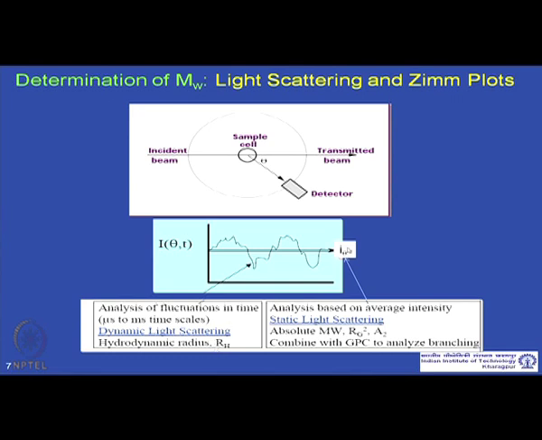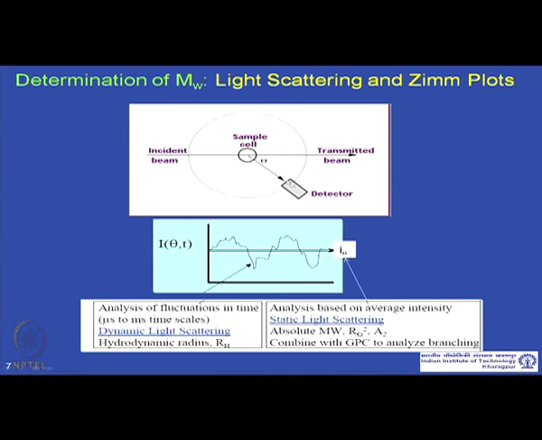And the time average intensity, which we will use in the technique called static light scattering, will give information about the absolute molecular weight, the weight average molecular weight, the radius of gyration, and the second virial coefficient, which will in turn give information about the polymer solvent interaction parameter.